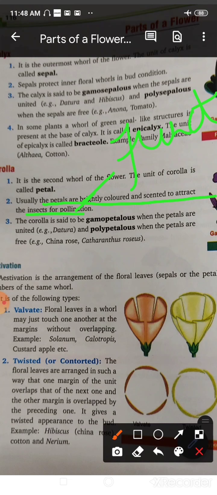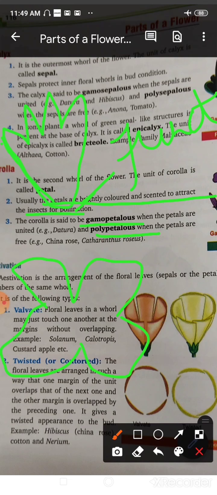Now again, the corolla is said to be gamopetalous, fused or united, and polypetalous when the petals are free, right? So polypetalous is when each petal you can see freely, free, that is polypetalous. And if you see that in a flower the petals are arranged like this, tube like, right?